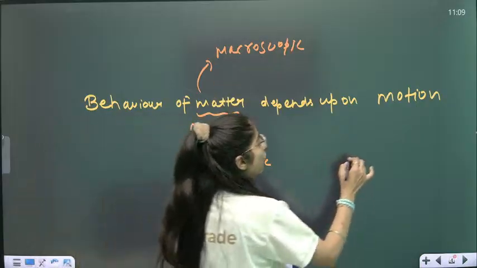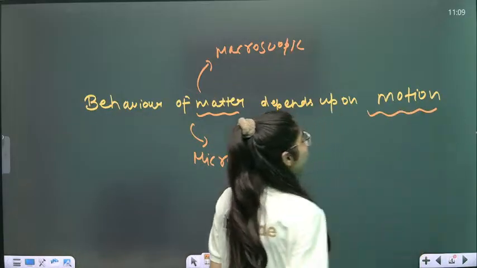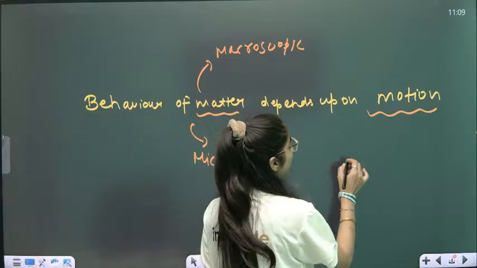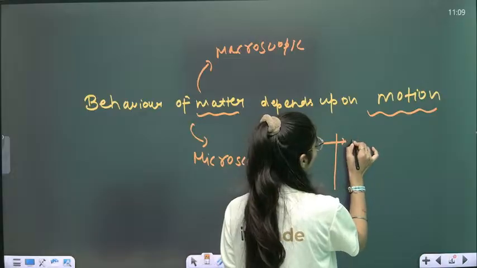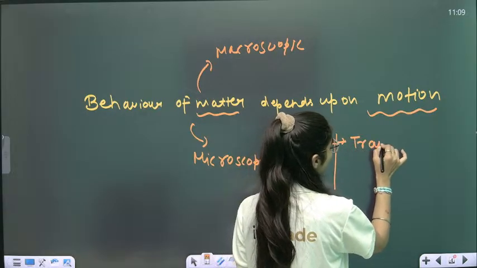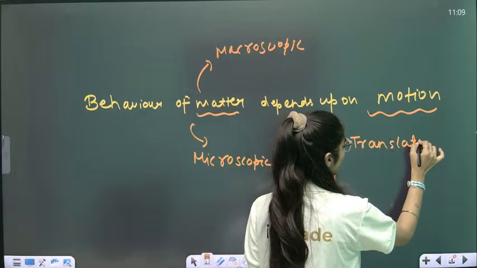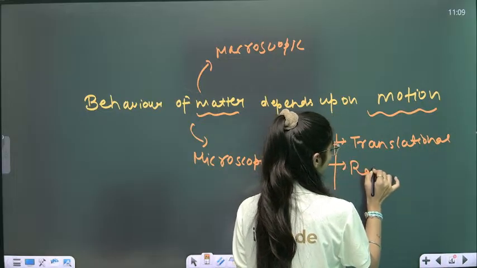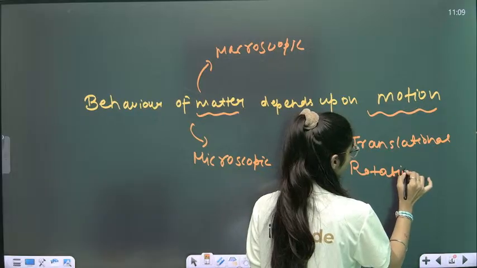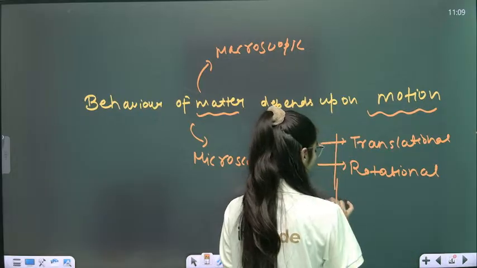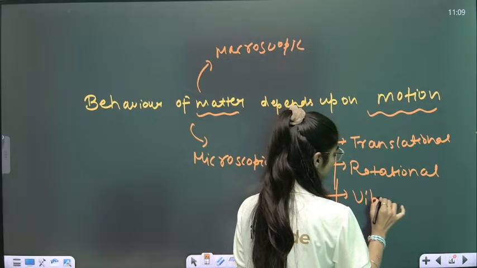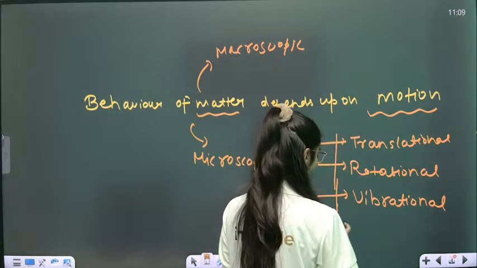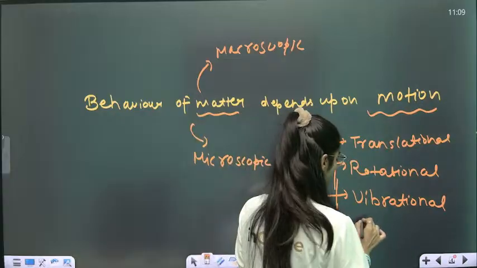Now one thing that you have to keep in your mind is the type of motion. Motion can be translational motion, rotational motion, vibrational motion, and electronic motion.